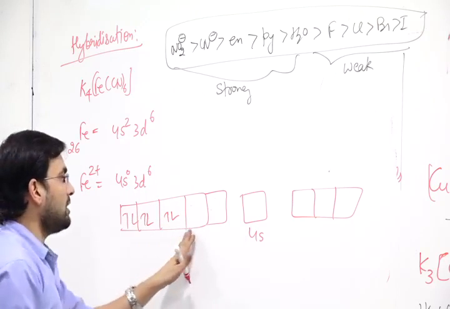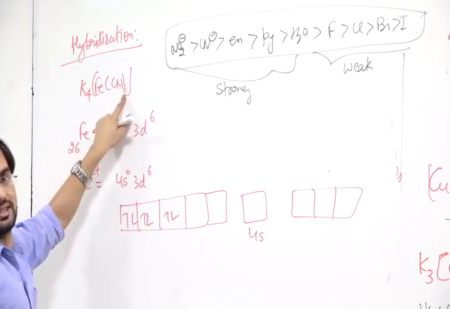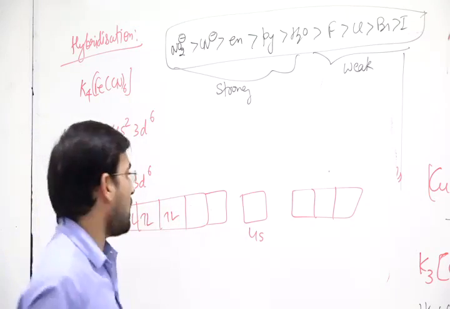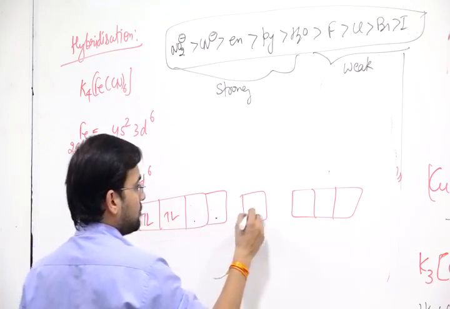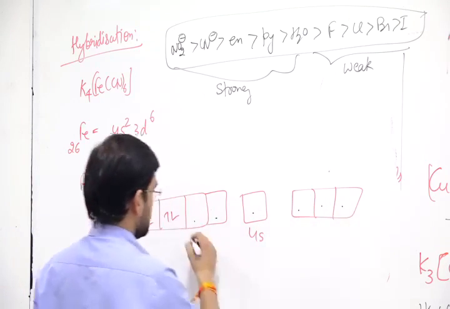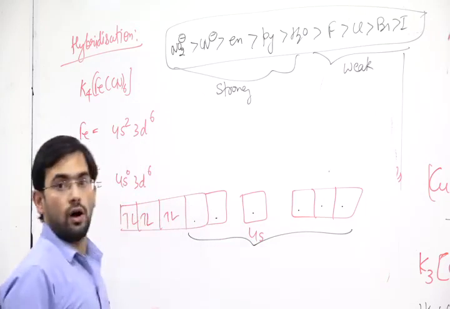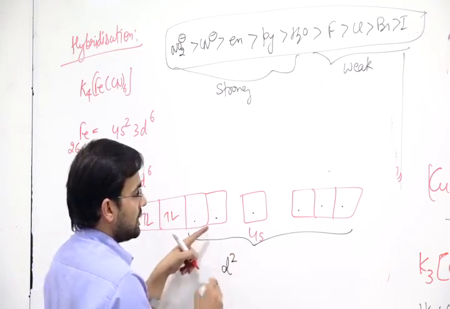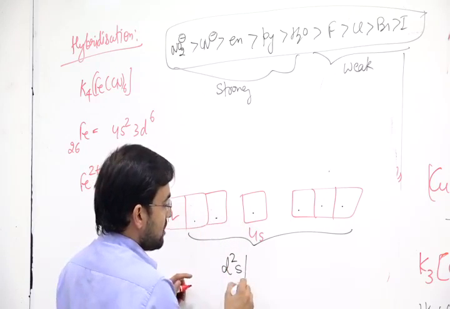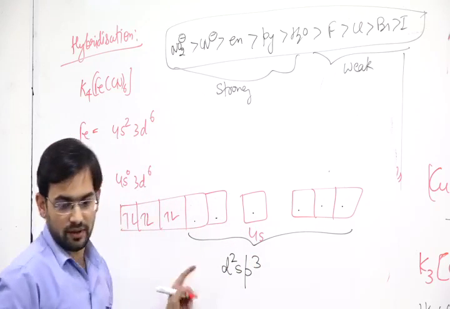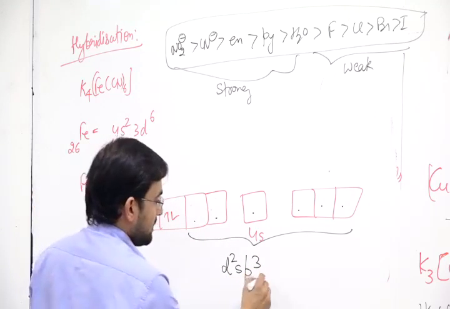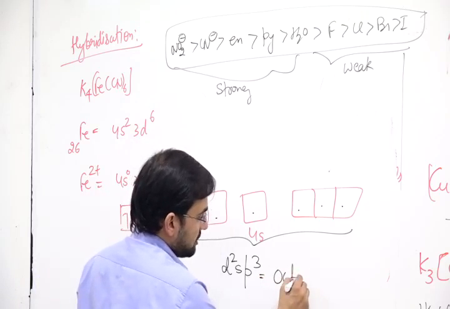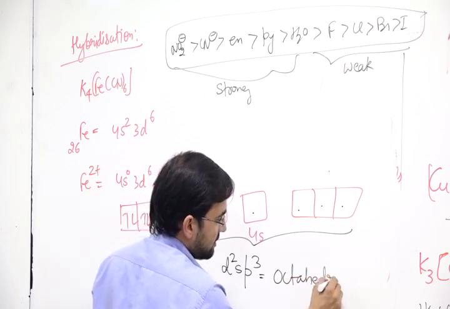Okay, how many coordinate bonds do you want to form? 6. So you will take 6 atomic orbitals. 1, 2, 3, 4, 5, 6. What is the configuration you will write? How many d have you taken? 2, so d2. How many s? 1. How many p? 3. So d2sp3, its shape will come as octahedral.